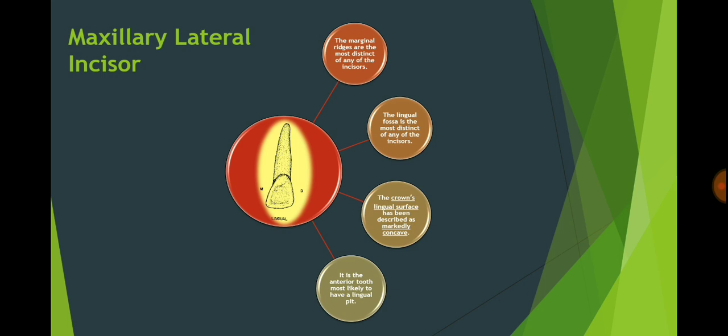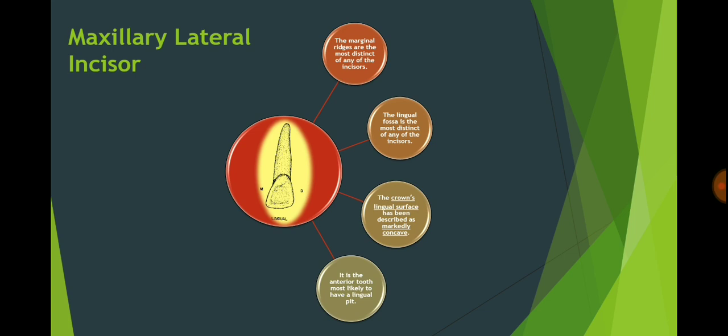All right. It is the anterior tooth most likely to have a lingual pit. So what is the anterior tooth that is most likely to have a lingual pit? It is the maxillary lateral incisor. What is the anterior tooth most likely to have a palatal gingival groove? Maxillary lateral incisor.